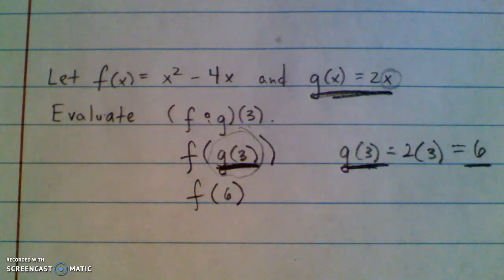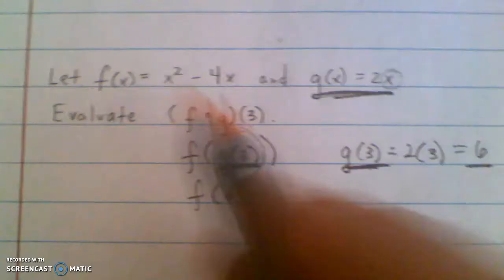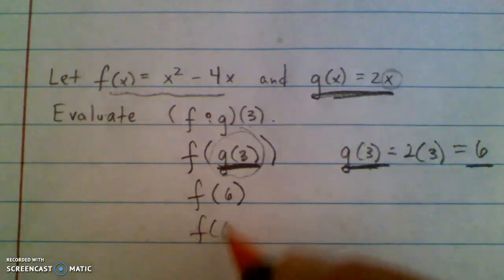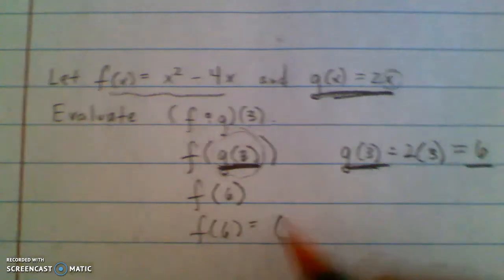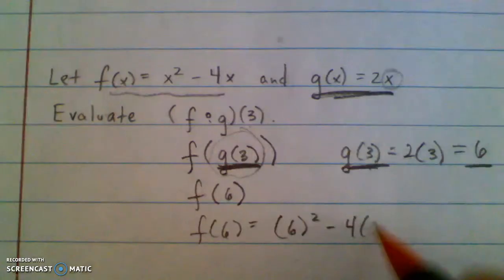And like we just did with 3, now we need to replace x with 6, but this time in the f function. So f of 6 equals 6 squared minus 4 times 6.